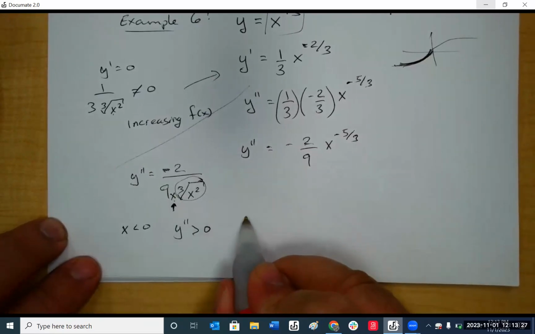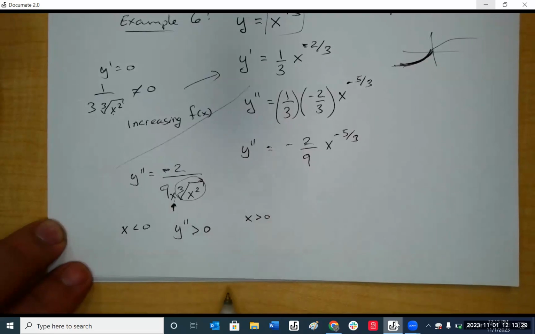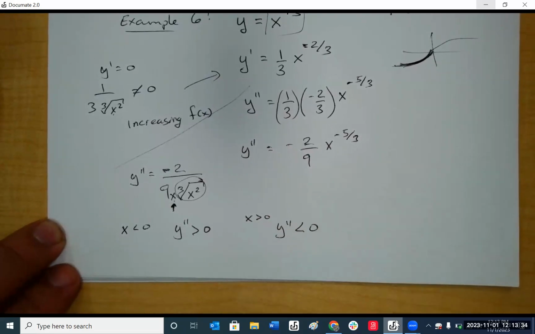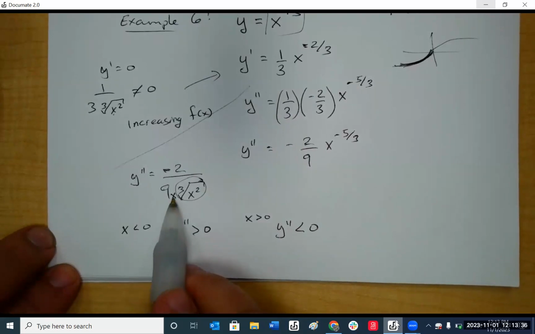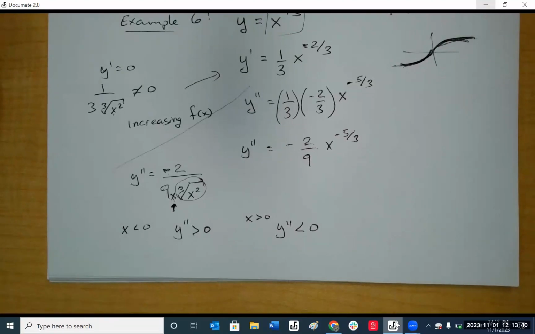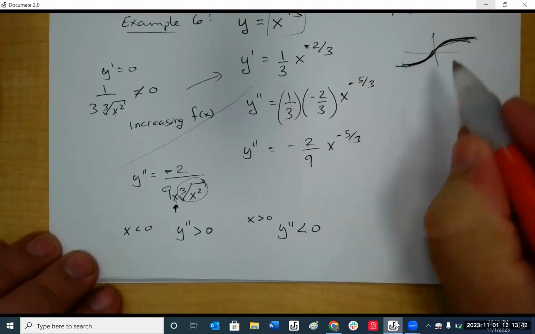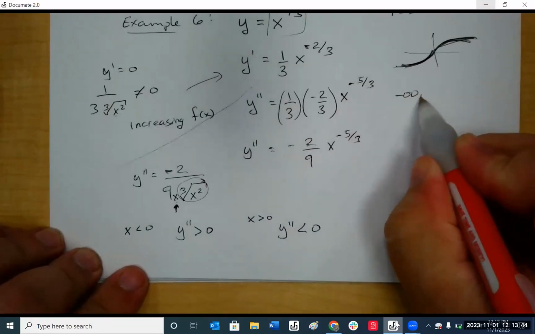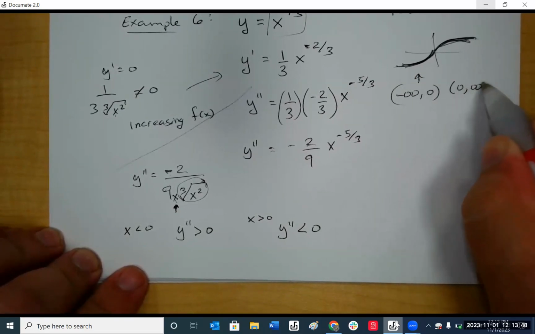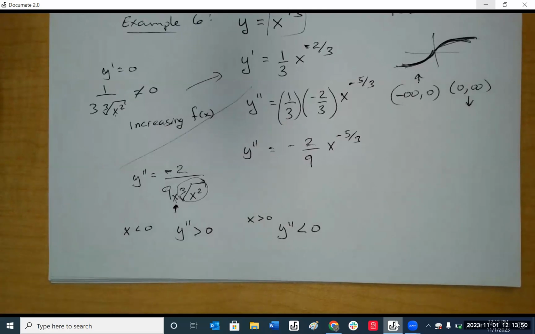On the other side, when x is positive, the second derivative will be negative because the bottom's positive, the top's negative, so we have concave down. So it goes from negative infinity to 0, concave up, 0 to infinity, concave down. And it's always an increasing function.